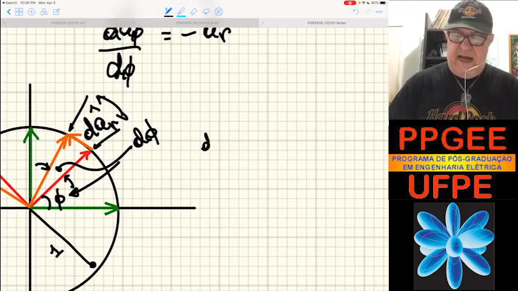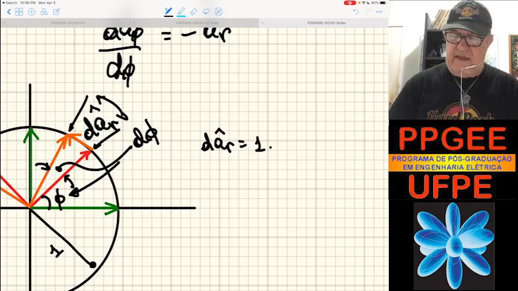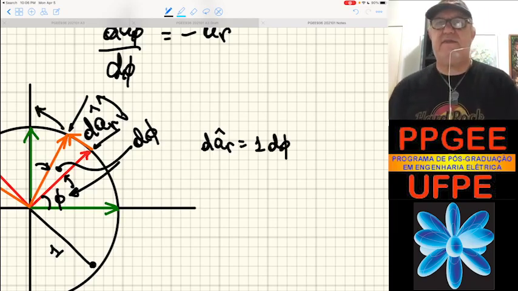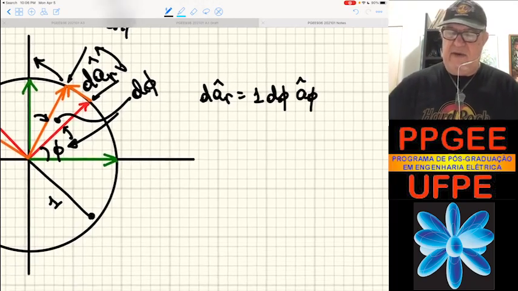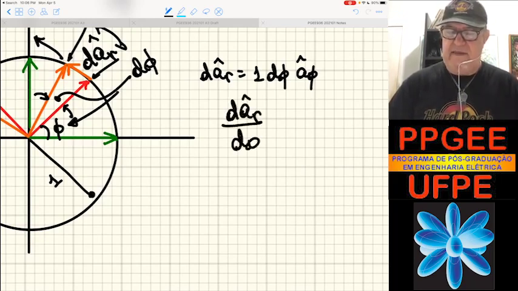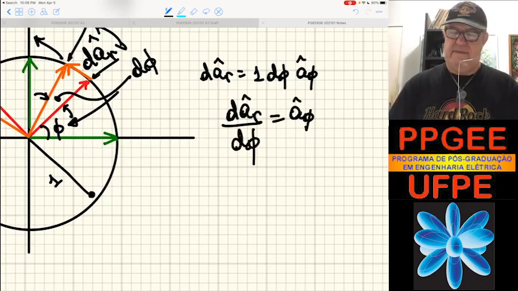So dAr equals the length, which is 1 d phi, times the versor, which is tangent to the circumference, which is A phi. So here we got the first derivative. We are interested in dAr/d phi equals A phi, right?